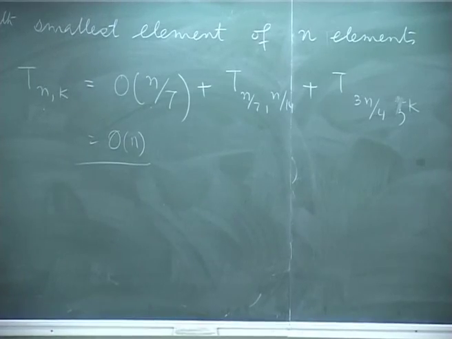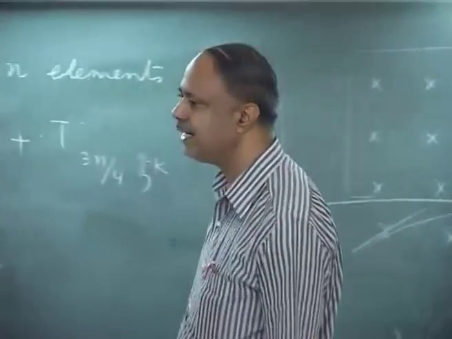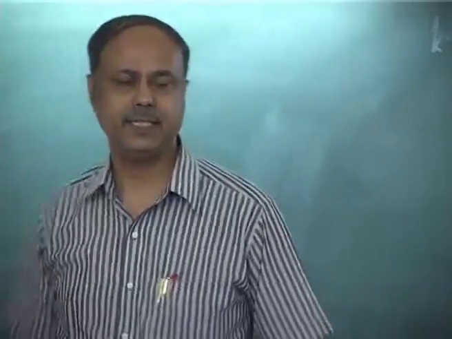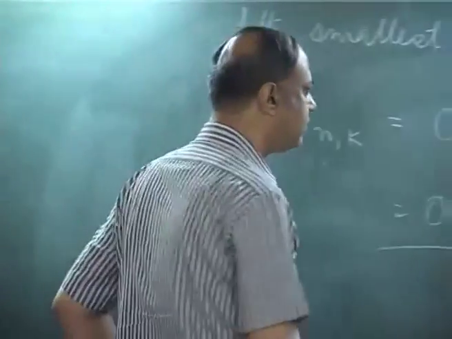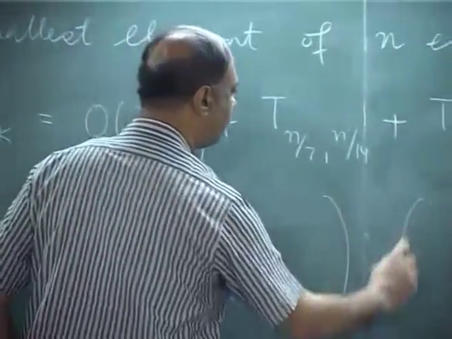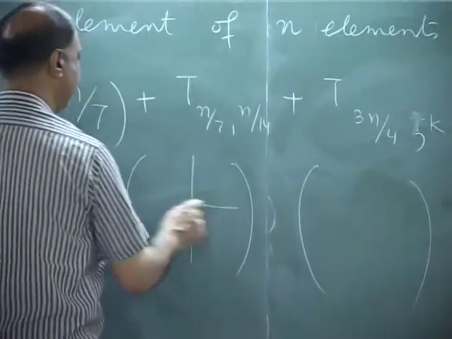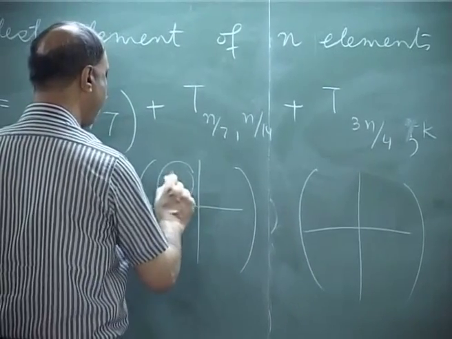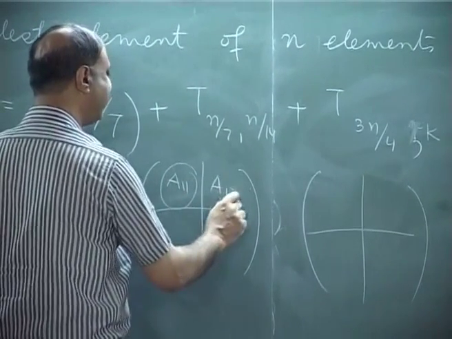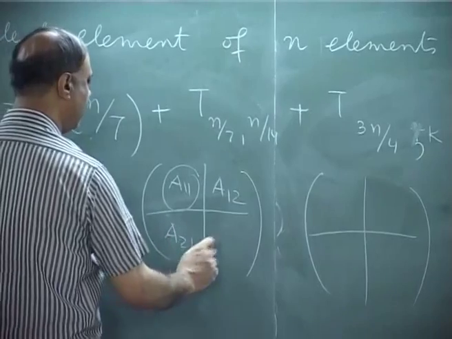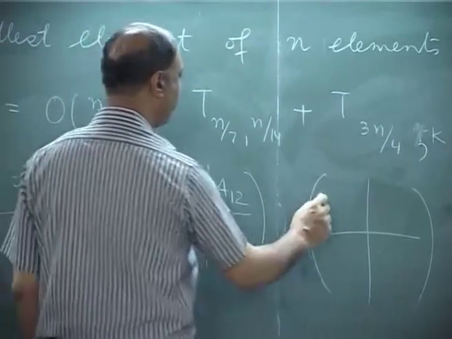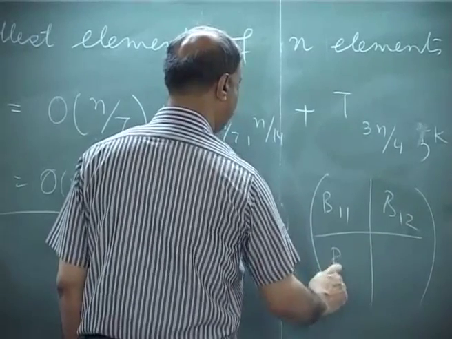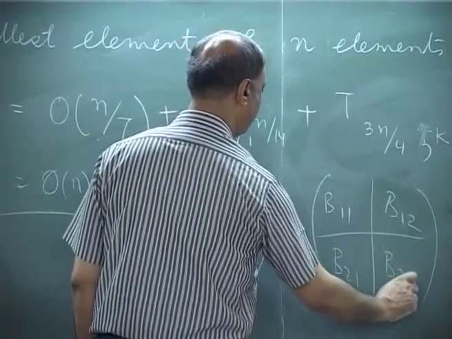Another example of divide and conquer which you can try yourself is matrix multiplication. Here I will not discuss in detail. Suppose you have the two matrices and you partition them into two parts. Suppose you have A11, A12, A21 and A22, and you have B11, B12, B21 and B22.